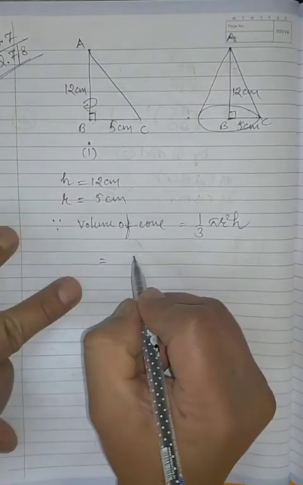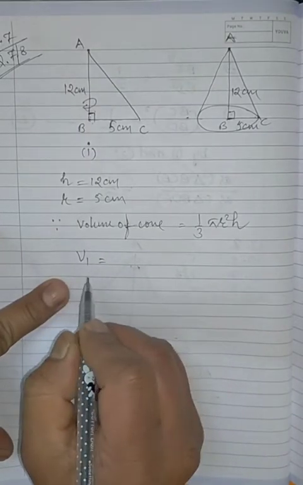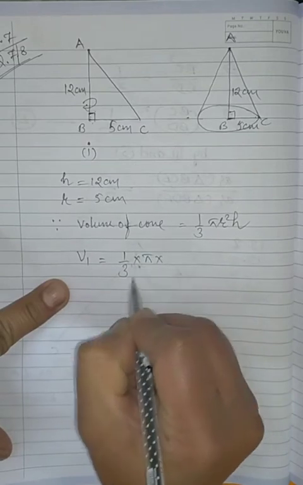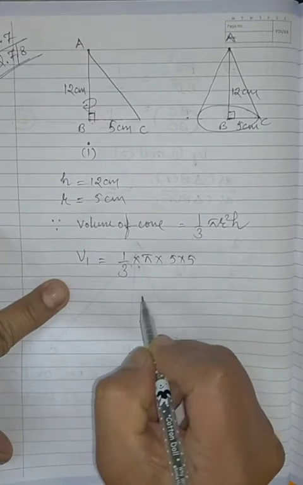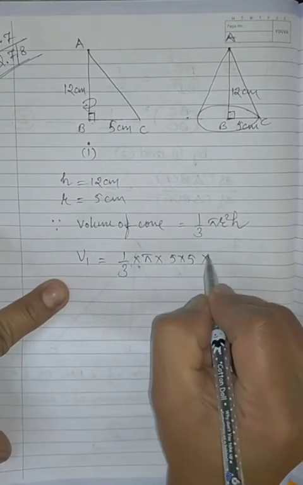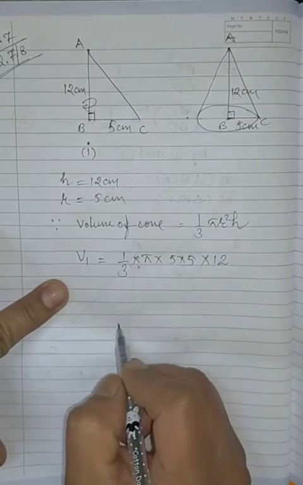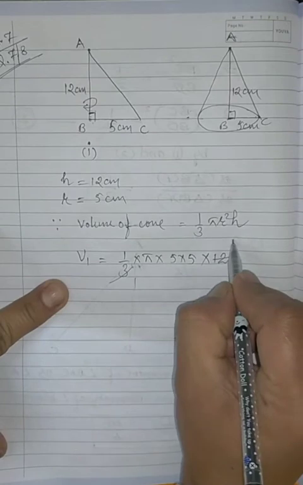That implies in question number 7, let the volume be V1, equal to 1 by 3 pi into r is 5, so 5 square is 25, into h which is 12. So we can cancel this by using the table of 3, 3 4s are 12.